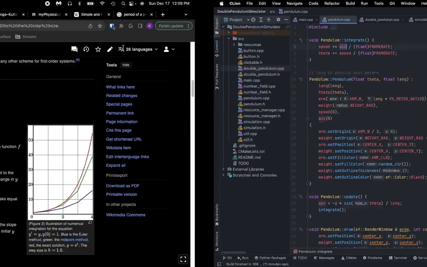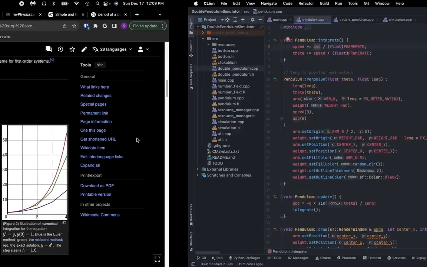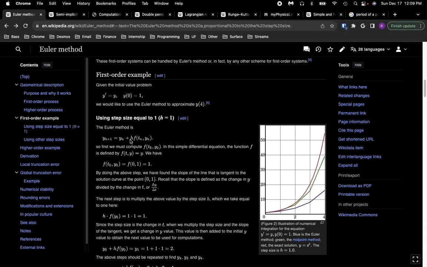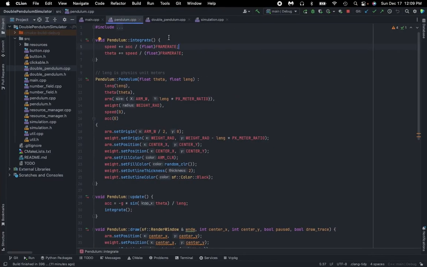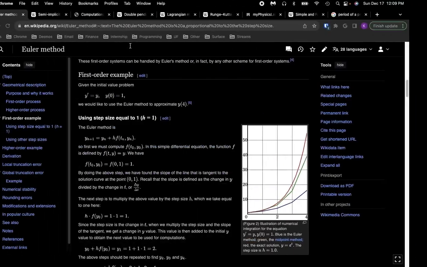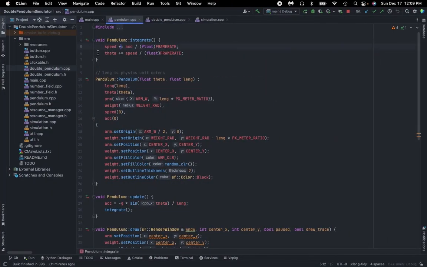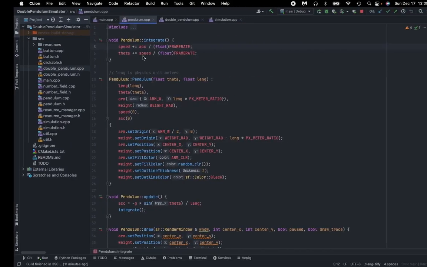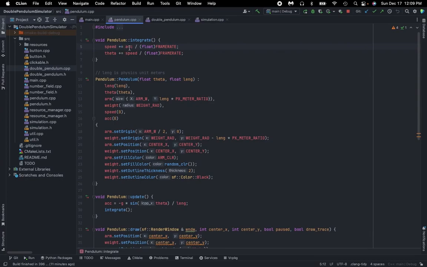You take the acceleration, which is your f in this situation, and divide it by the frame rate. 1 over the frame rate is essentially our step size. Each new frame, the time between frames, is a little step in time. The plus equals is taking the old value and adding it to that value. This, yn plus that to yn plus 1, is the same thing as plus equals. So we do that to get the speed, and then we do that to get the angle.